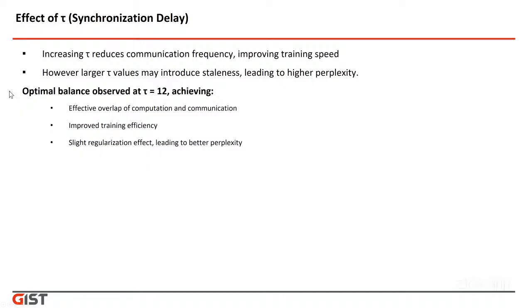So they select the optimal tau steps, which is 12 steps, 12 local updates. They choose this as optimal, which effectively overlaps computation and communication, and also improves the training efficiency, and also has a slightly better regularization effect as compared to the other tau steps.